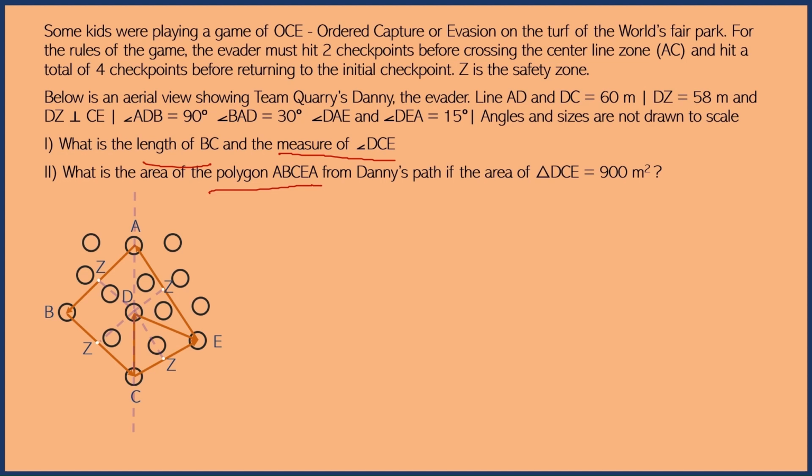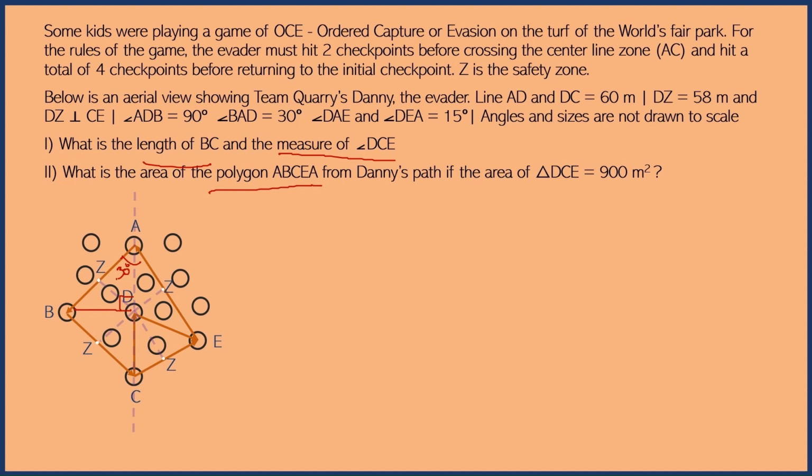Okay, so first things first, let us find the length of BD right here. We can find the length of BD because we know BAD is 30 degrees, and we know that this angle here is 90 degrees.